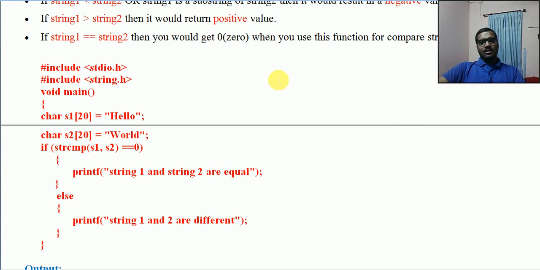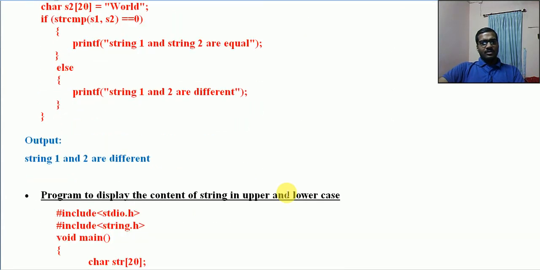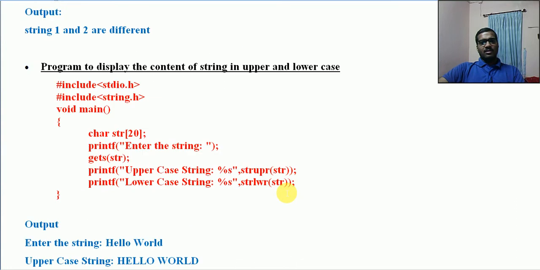But in the case of strcmpi, it is not strictly looking at the cases. If capital A is in one string, and the other side at the same location has small letter a, that does not make any difference. It will be treated as equal in the case of strcmpi.